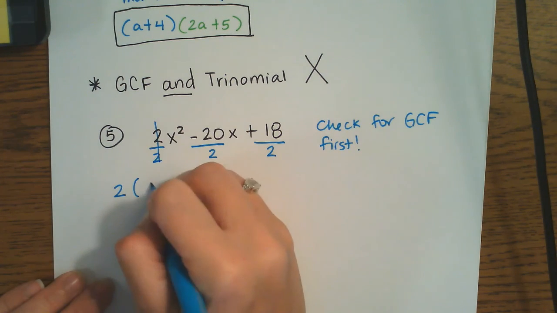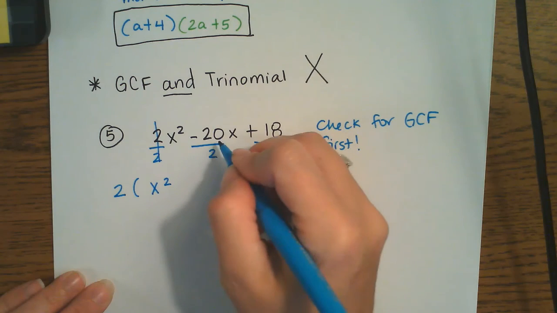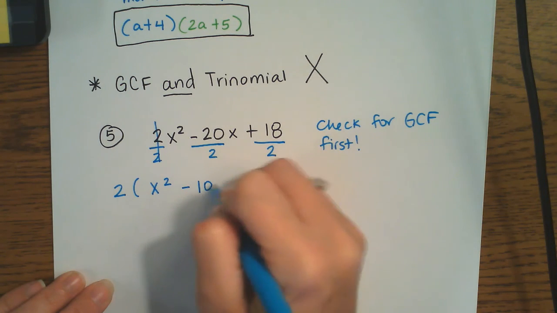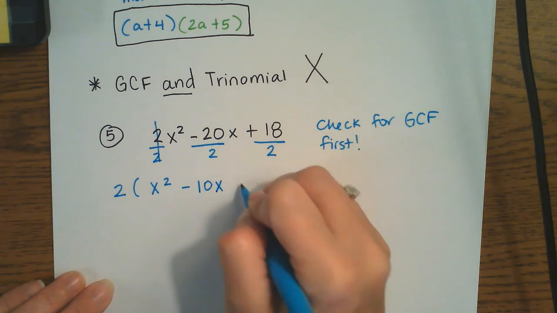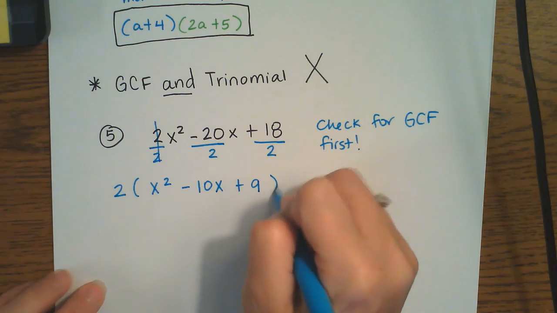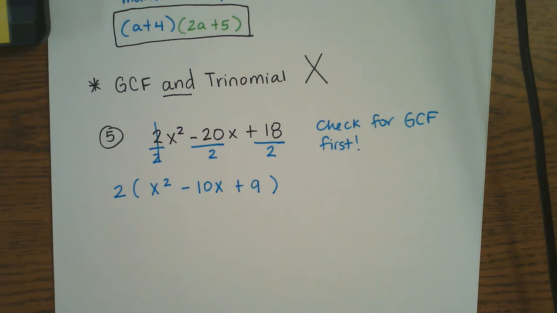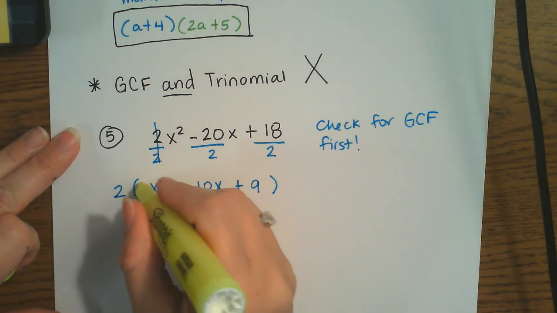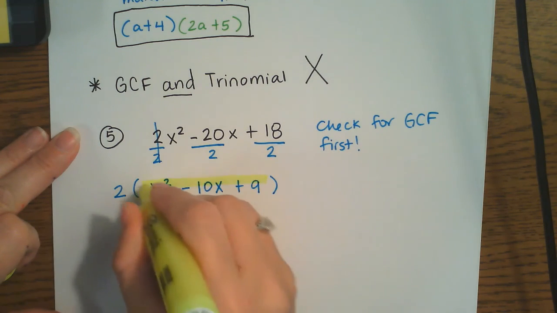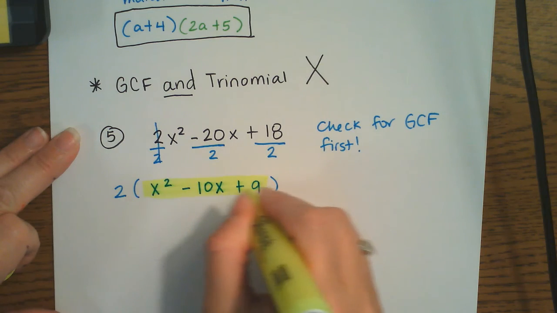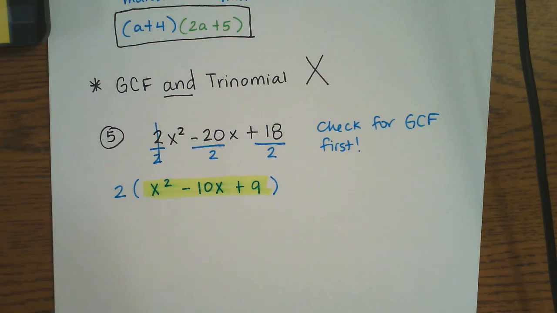So I have 1x squared minus 10x plus 9. So once I factor out that common factor, I am looking at this leftover trinomial, and I'm going to factor it.